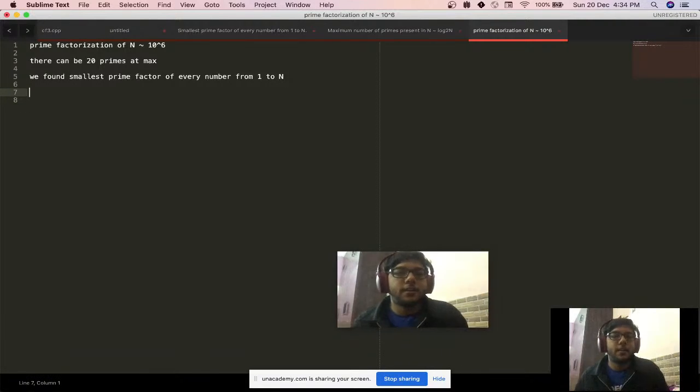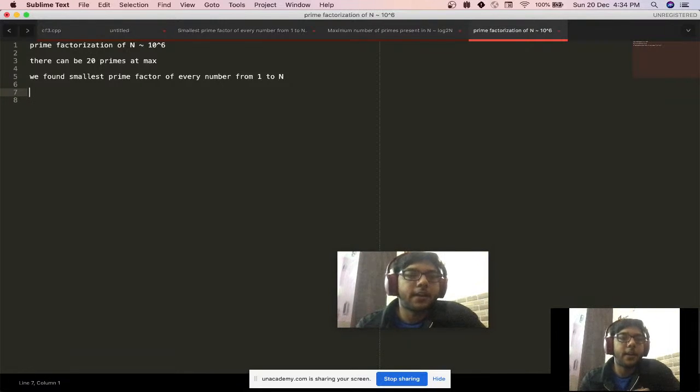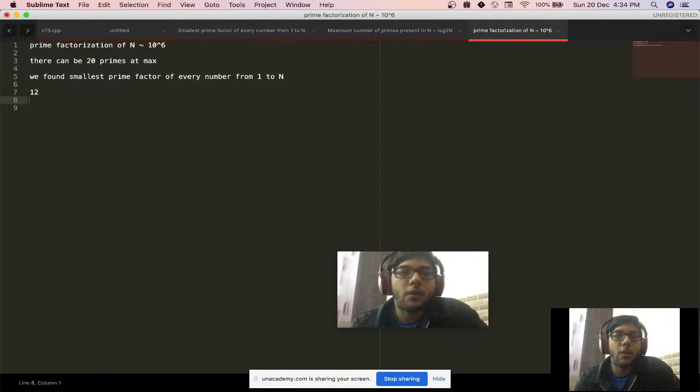Now, this is a pretty interesting part, a neat trick, I think. Let us say we want to factorize 12. I would first find the smallest prime divisor of it, and that is 2, and I will divide it by that number. Then I would get 6. What I'm trying to do is 12 can be written as 2 into 2 into 3.